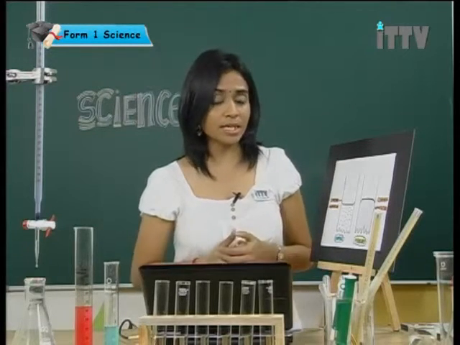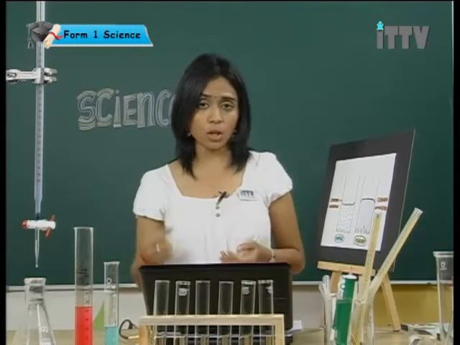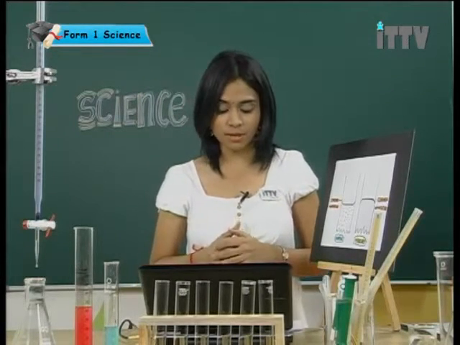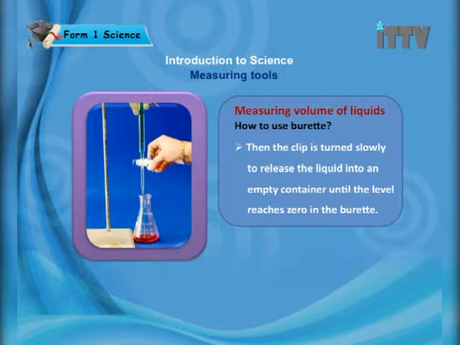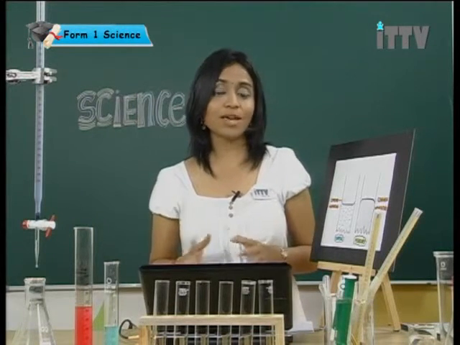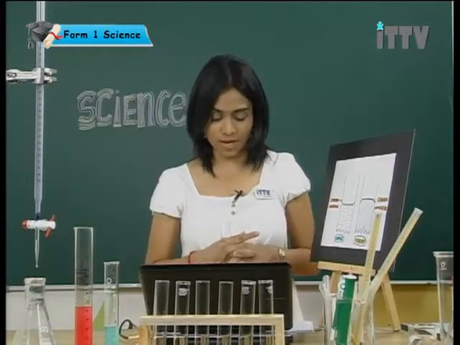Well, you also need a beaker or a conical flask to put below the burette to collect the fluid which is flowing from the burette. Then the clip is turned slowly to release the liquid into an empty container until the level reaches 0 in the burette. Now this is how you actually use the burette. It's quite simple. Let's have a look at the way you actually use the burette.